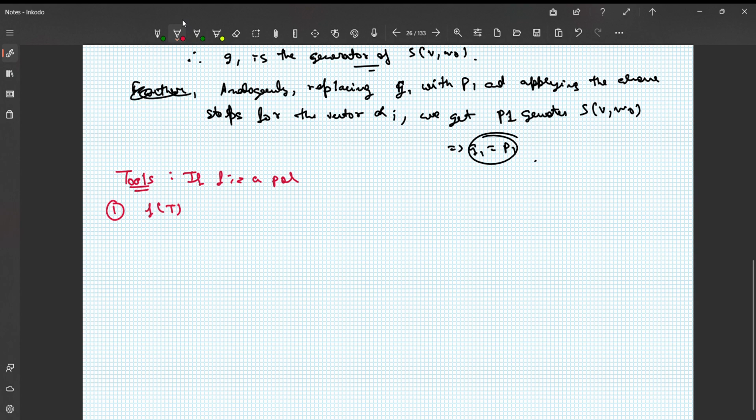Number one, let's say f is a polynomial, then f(T) of the T-cyclic subspace generated by alpha, this whole image, is equal to the T-cyclic subspace generated by f(T) alpha.